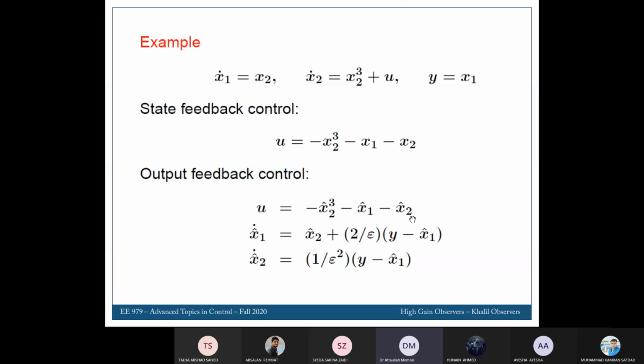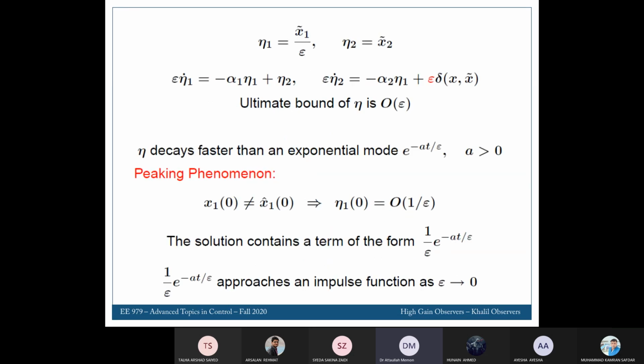And now look at the observer. The x1 hat dot equation involves x2 hat as before, plus alpha 1 over epsilon, where alpha 1 is 2, times the output minus the estimation value of x1 hat. Okay, so this is fairly simply the equation as we saw before over here.